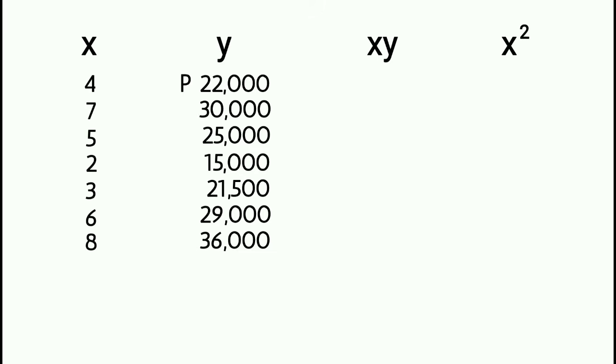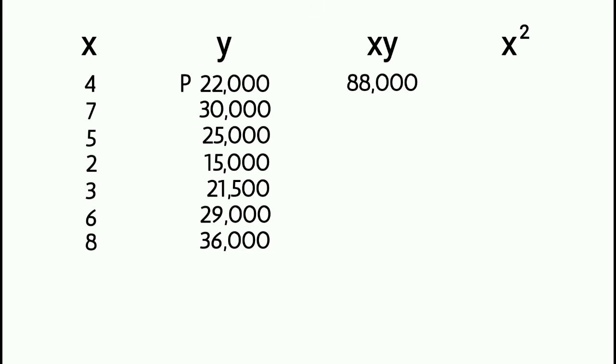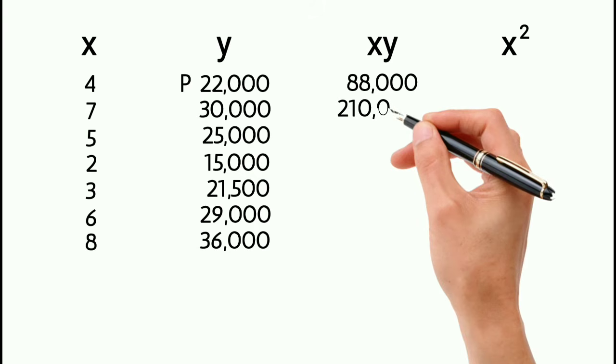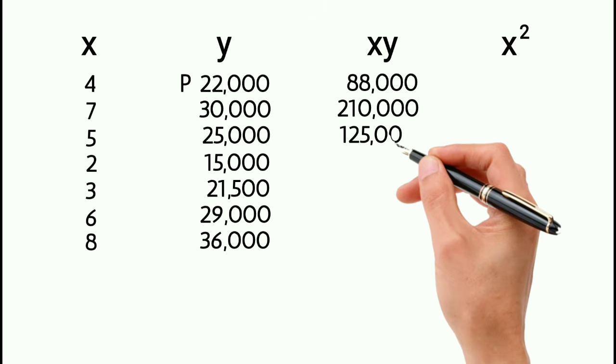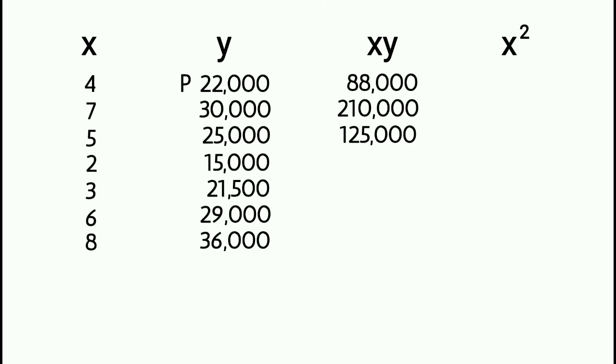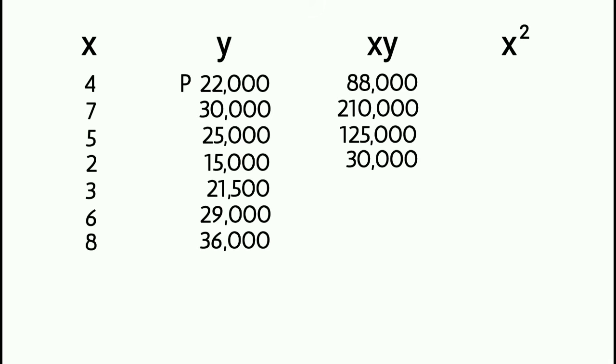Next, XY. Ang ibig sabihin ng XY dito ay kukunin natin yung product ng X at Y. 4 times 22,000 pesos, that is equal to 88,000 pesos. 7 times 30,000 pesos, that is equal to 210,000 pesos. 5 times 25,000 pesos, ilan yan? 125,000 pesos. 2 times 15,000 pesos, that is equal to 30,000 pesos. 3 times 21,500 pesos, that is equal to 64,500 pesos. 6 times 29,000 pesos, ilan yan? 174,000 pesos.